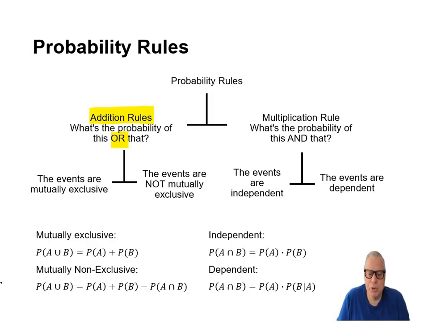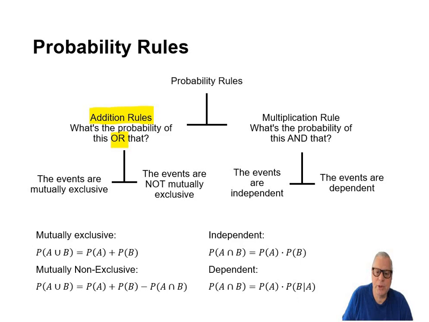So therefore the probability of A or B for mutually non-exclusive events is the probability of A plus the probability of B minus the probability of A and B. And again, that takes care to avoid double counting.